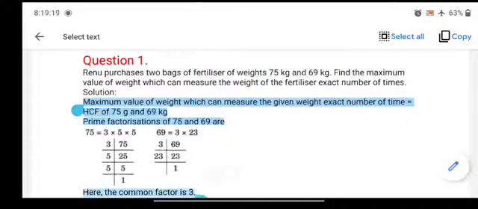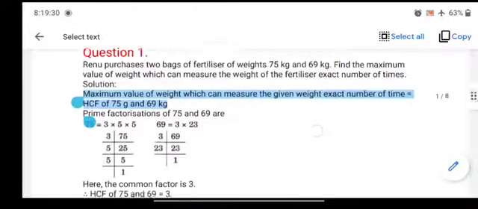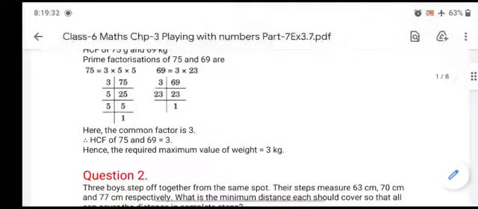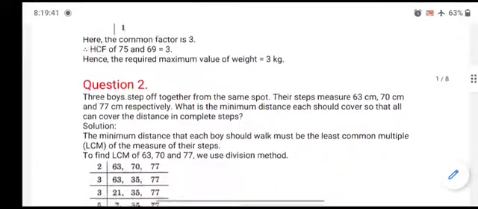All these are statements, students, and these statements will secure some marks for you. Then you find the factors of 75 and 69 individually, and you will find that 3 is the common factor. So the maximum value of weight required is 3 kg.